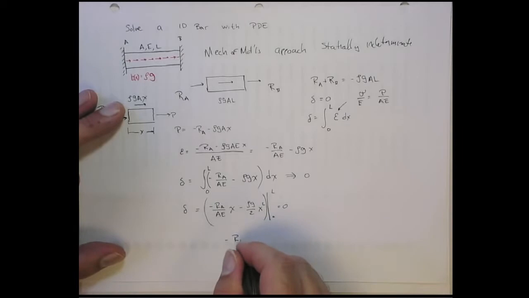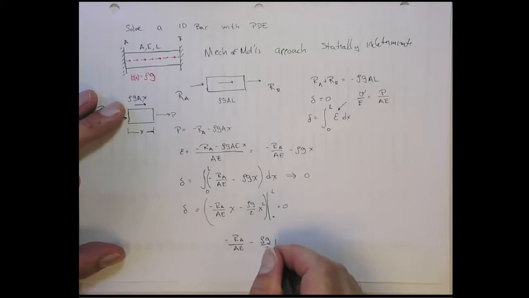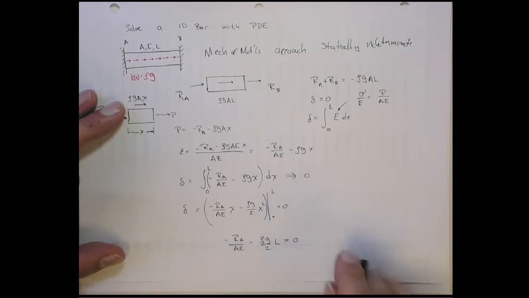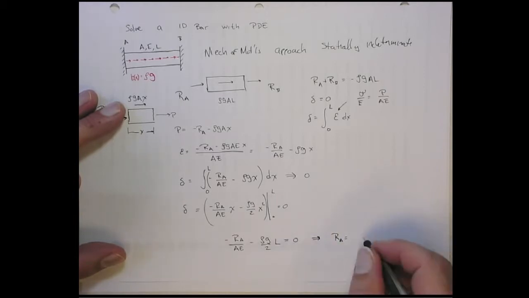All right, and this will give me minus RA over AE minus rho g over 2 times L. I divide it through by L on here. It has to equal 0, and from that I can get RA. This gives me that RA is equal to minus AE over 2 rho g L. All right.